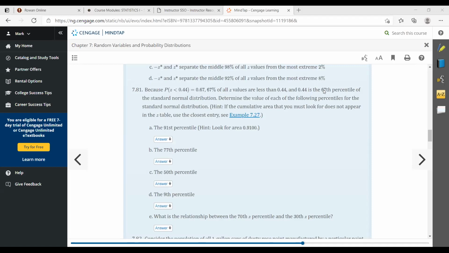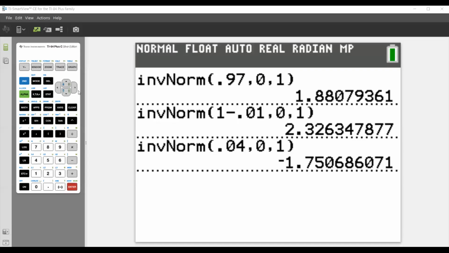Get the idea? So like part A here, the 91st percentile. Well, the area to the left is 0.91. Remember, the 91 is representing a percentage, so we divide by 100 and we get our decimal version of it, 0.91. That's the area to the left. So to find the 91st percentile, again, inverse normal. You're being given a probability and you're being asked to find the value, right?